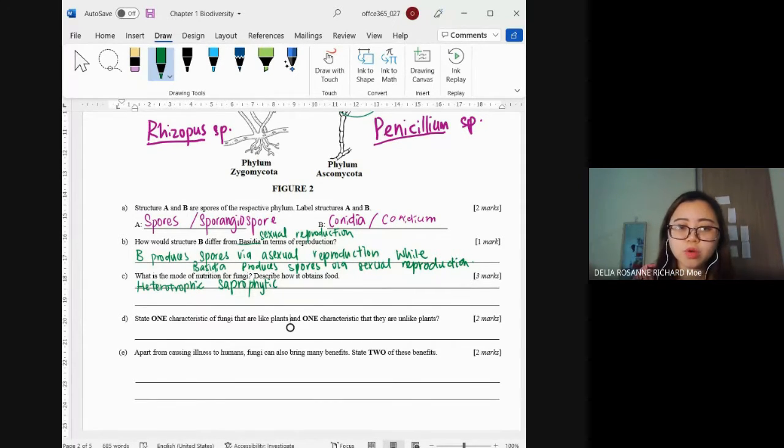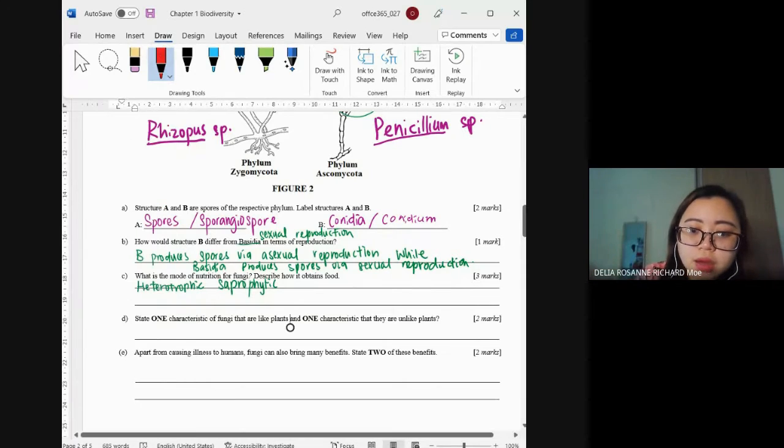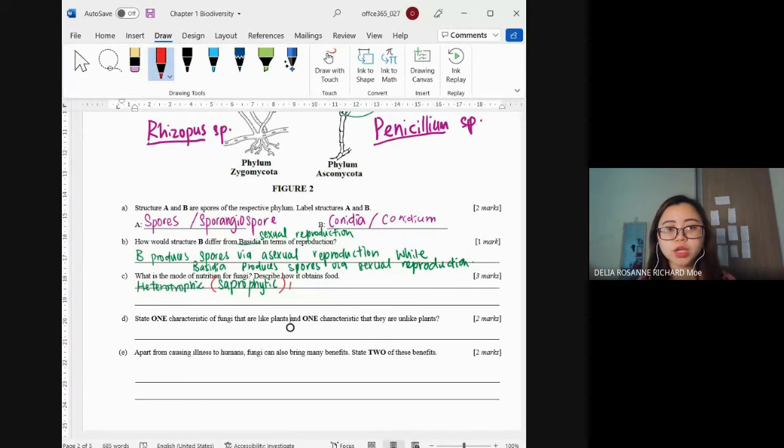For this one, the most correct answer is just saprophytic. Kalau kamu jawab heterotrophic sahaja tiada markah, mesti cakap saprophytic baru ada 1 markah. Sebab kalau kita jawab heterotrophic saja mungkin kita maksudkan holozoic. If it's holozoic, that is us, animal ya.